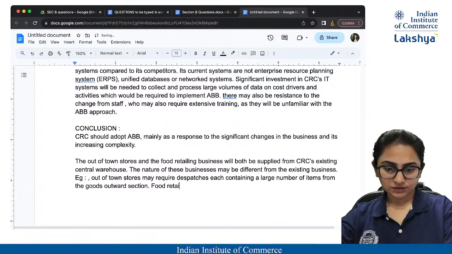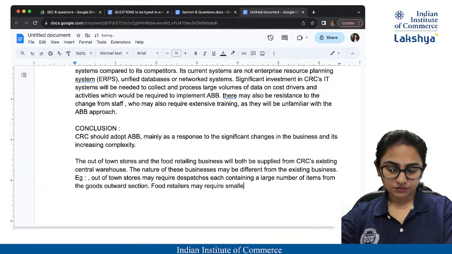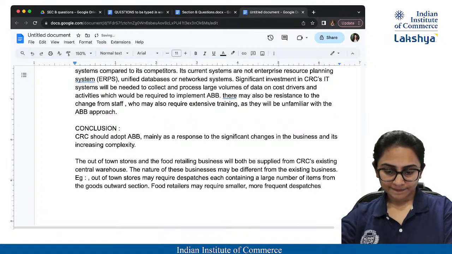Food retailers may require smaller, more frequent dispatches to prevent spoilage.